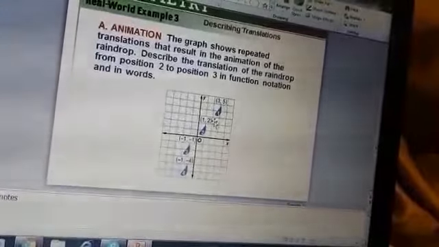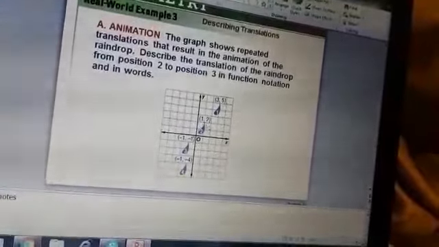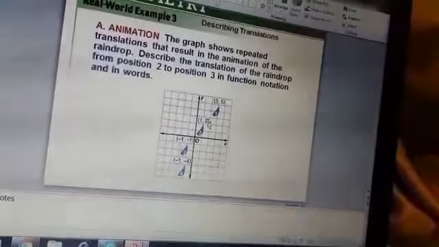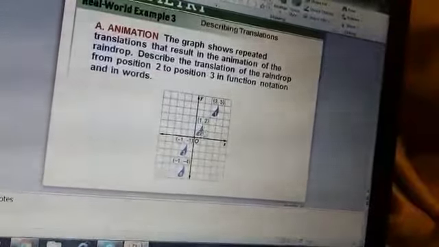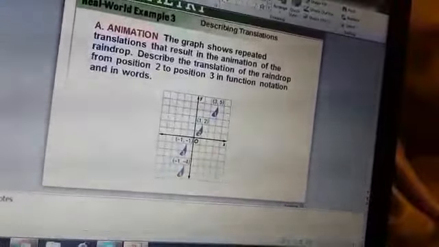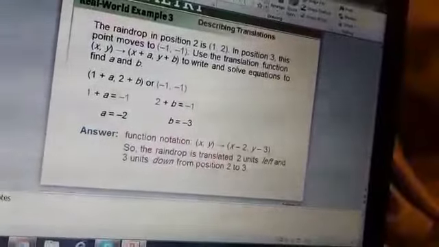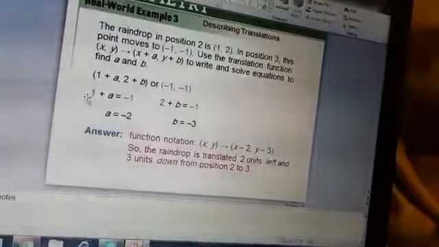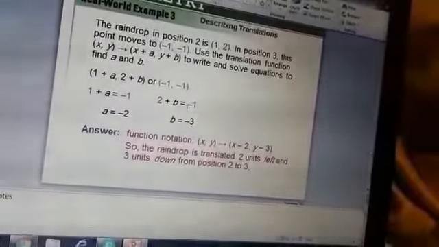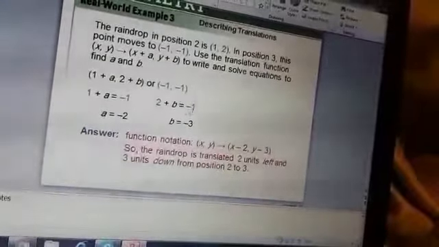On the y coordinate, the 2 becomes -1. How? This means I subtract 3. 2 minus 3 equals -1. This means the y coordinate of the vector is -3. We can see here in this slide, 1 plus a equals -1, 2 plus b equals -1.